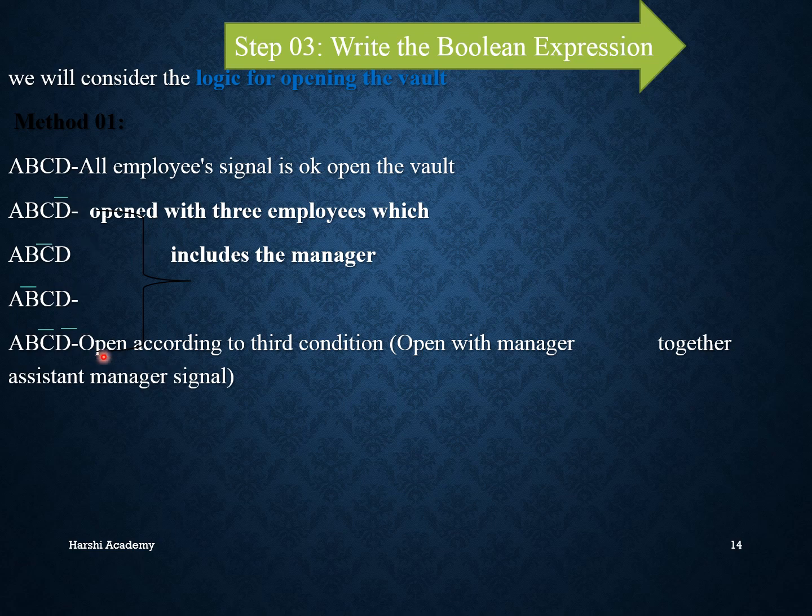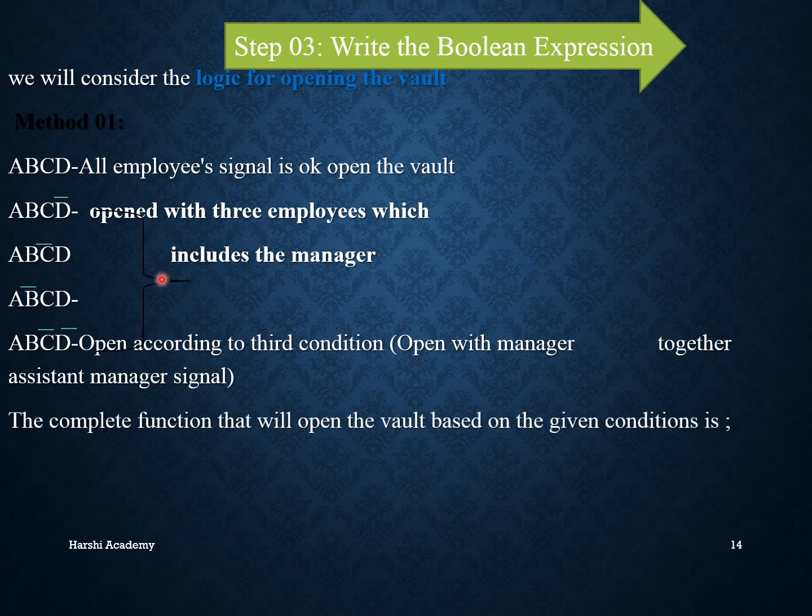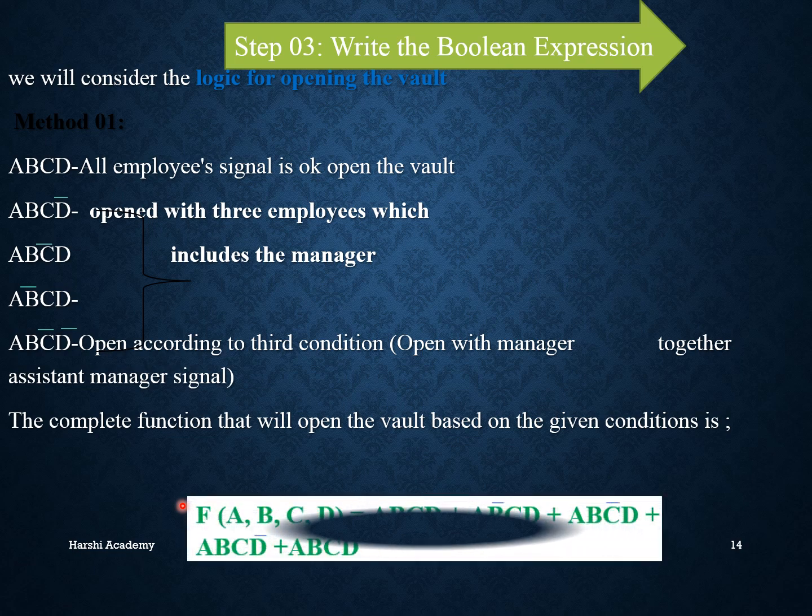In 4 terms opening the wallet. Then the complete function that will open the wallet based on the given conditions is the sum of terms: A B C D bar plus A B bar C D plus A B C bar D plus A B C D plus A B C bar D bar. This is the Boolean expression for this problem.